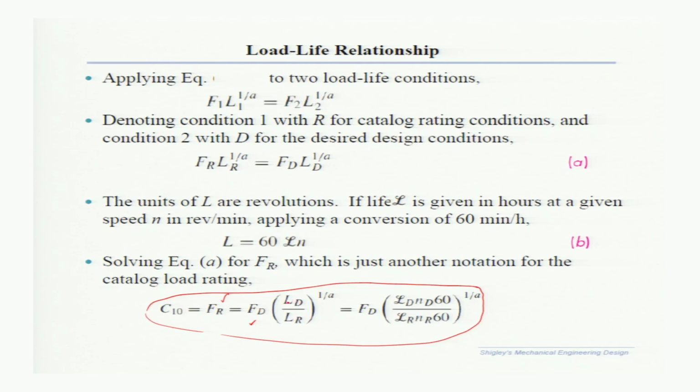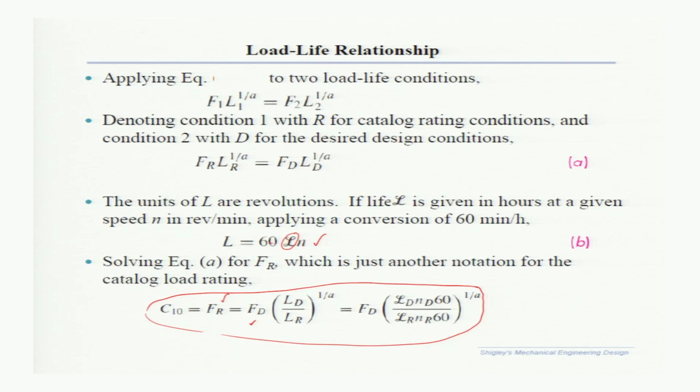within the bracket the design or desired life divided by the rated life to the power 1 by a. And in terms of life in hours, the equation is converted by using this equation. That means life in cycles or revolutions is equal to 60 multiplied by life in hours multiplied by the RPM of the shaft.